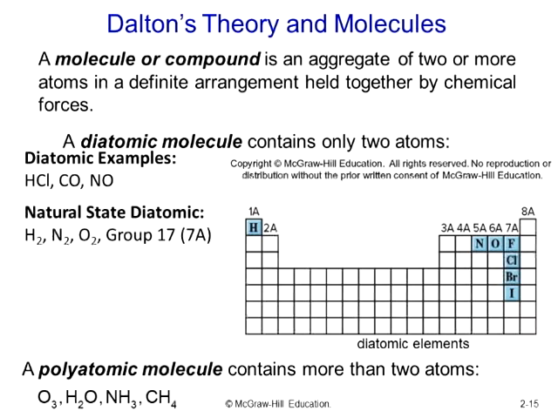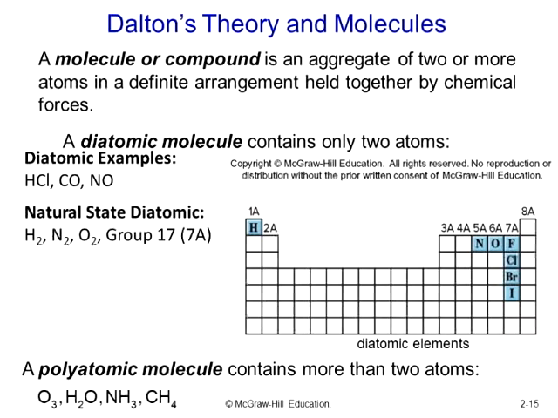So let me say it real clearly. Two atoms together is a diatomic. But there are also naturally occurring diatomics, and those are hydrogen, nitrogen, oxygen, and group 17. Then you have the polyatomics, meaning more than two atoms. Here are some examples of polyatomics.